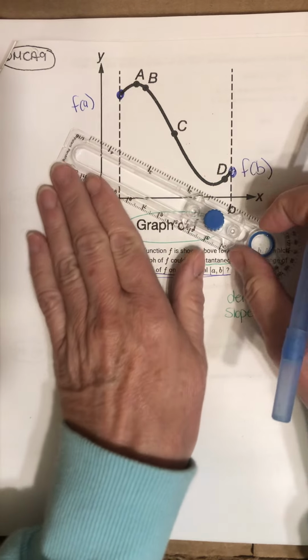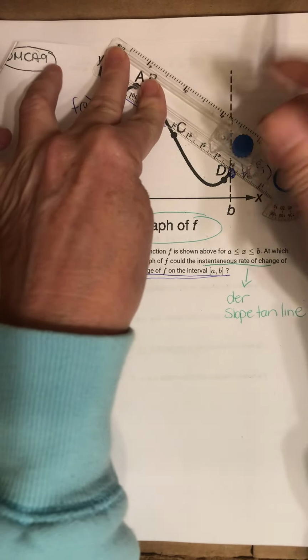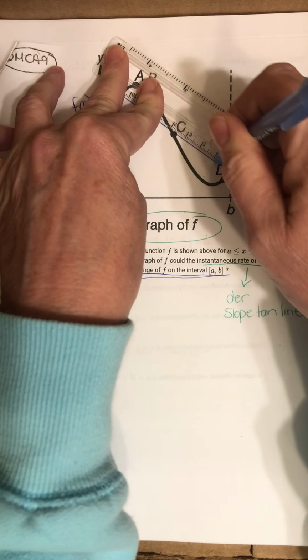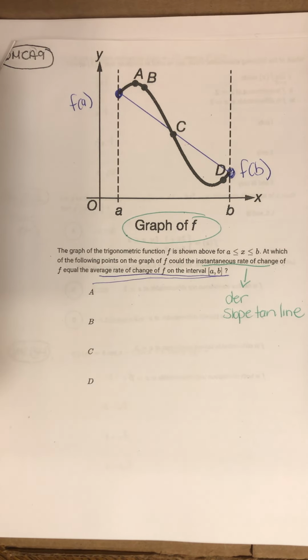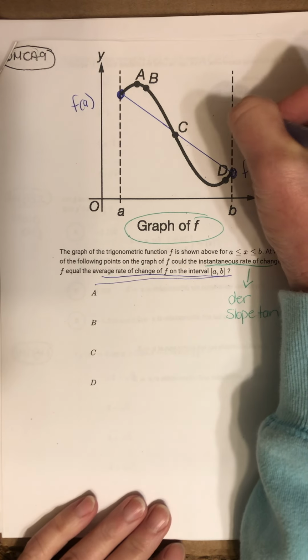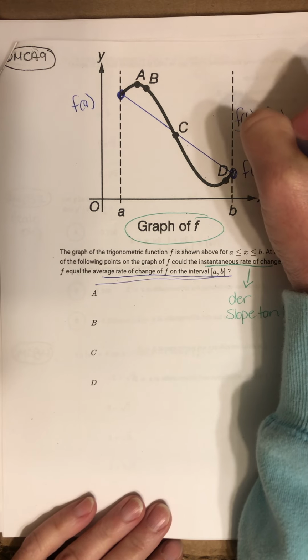So let's take a look. I'm going to help myself out with a little ruler and connect these two points. This slope would be the average rate of change over the interval: f of B minus f of A over B minus A.